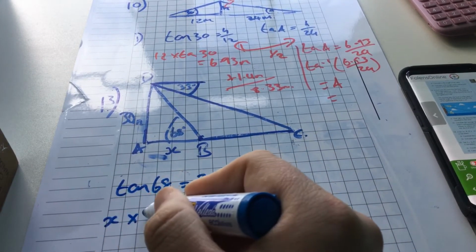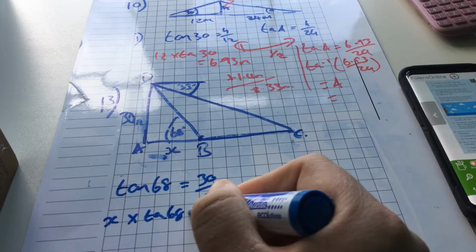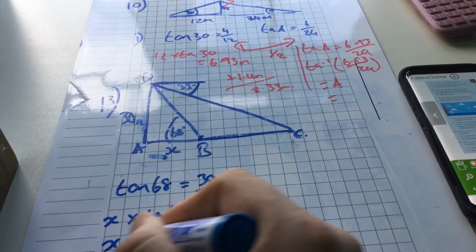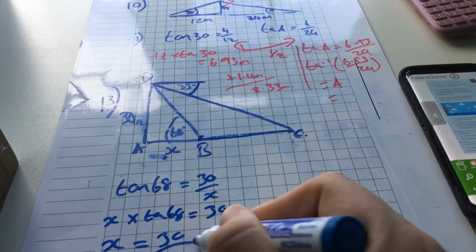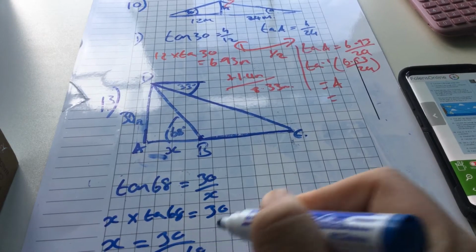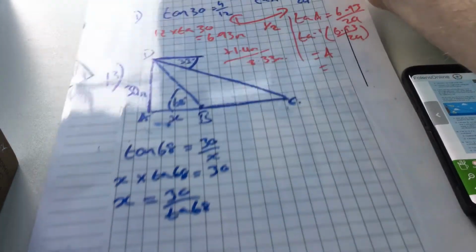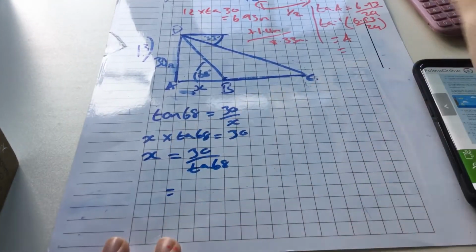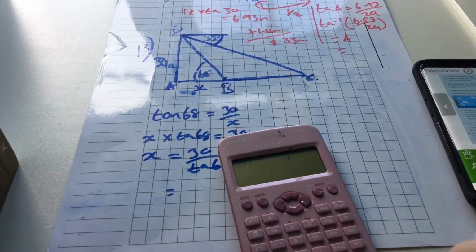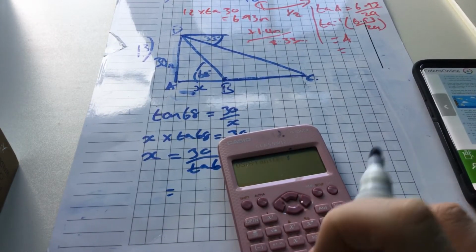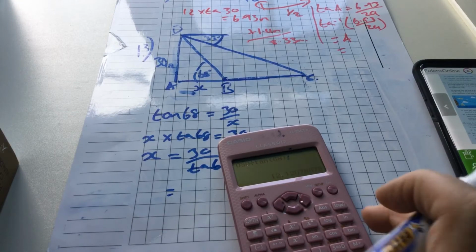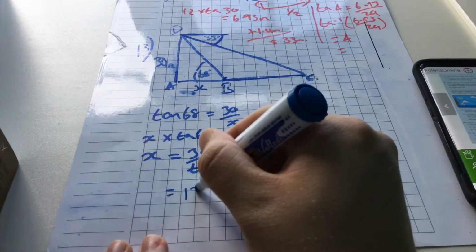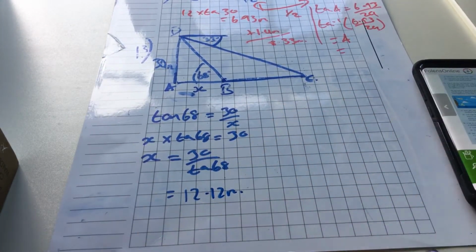Multiply across by X. And then divide across by tan 68. So 30 divided by tan 68 is 12.12 meters. So that's A to B.